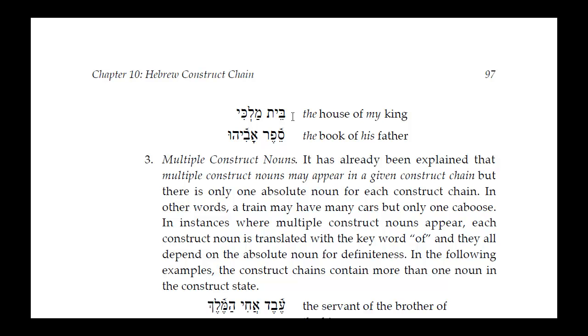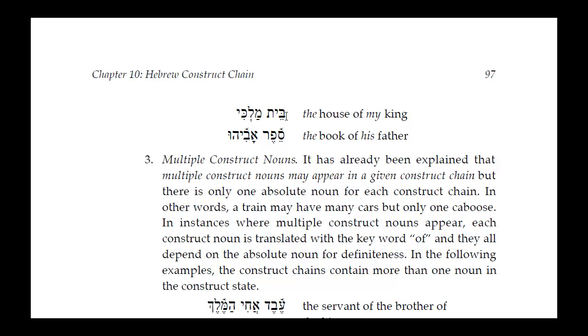Next, we have Beit Malki. In Malki, we have Melech, which is the king, in absolute form with a first common singular pronominal suffix, a yod here. So we have Beit Malki, which is assumed as definite, and thus the definiteness goes on the construct noun Beit.